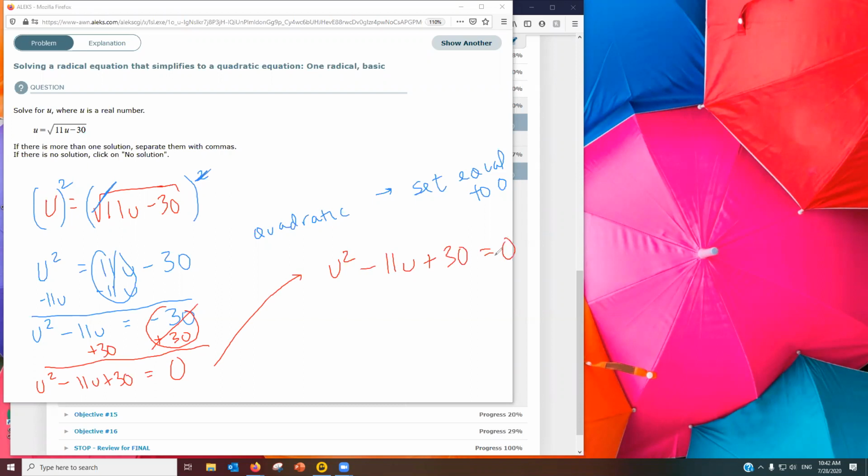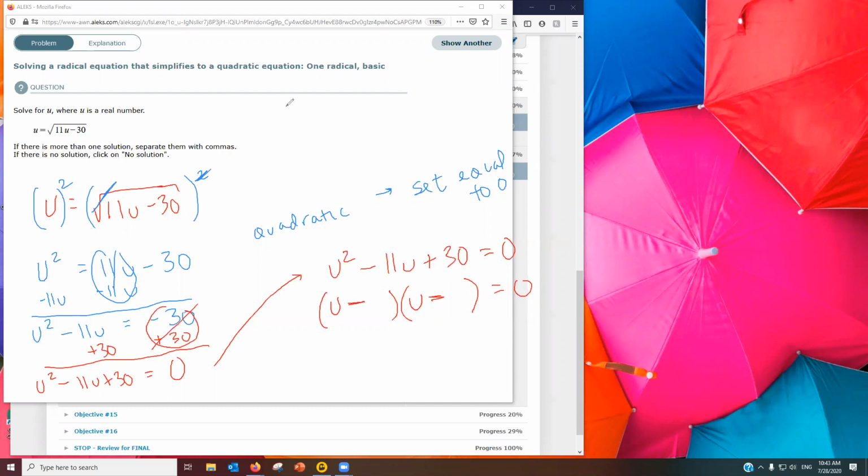You probably remember when solving a quadratic equation like this, once you have the equation set equal to 0, you try to factor. So I'm going to try to factor this left side. I'm going to put a u and a u in front. And it looks like I'm going to need two subtractions inside, right? Because this number is positive here, but this is a negative in the middle. So let me see here. I need two numbers that multiply to positive 30 but add to negative 11.